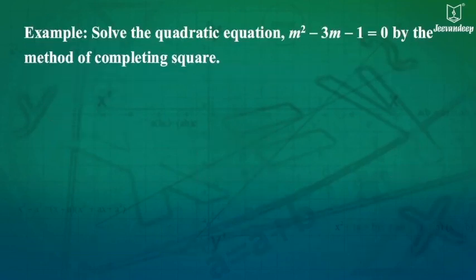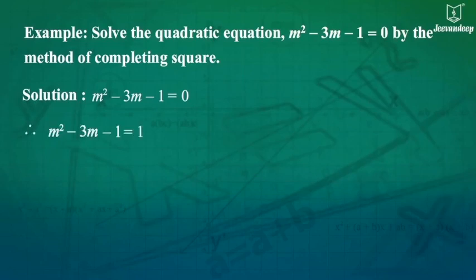Example, solve the quadratic equation m square minus 3m minus 1 equals to 0 by the method of completing square. m square minus 3m minus 1 is equal to 0.